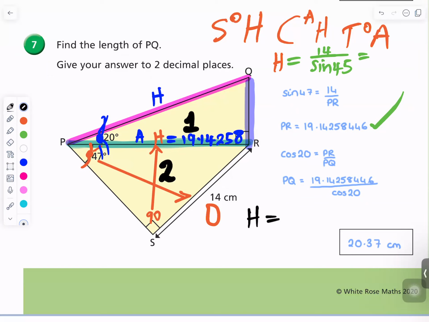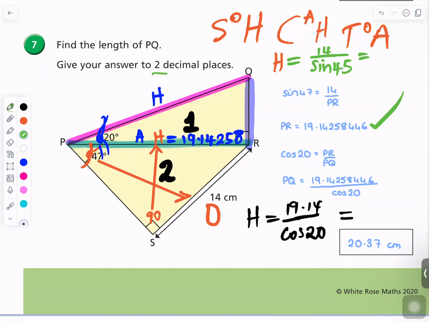Does that make sense? Yeah. Adjacent divided by cos of the angle. Cos of the angle is cos 20. And the adjacent is that long number which you had. So if you put that in your calculator, this one is a question that gives you more marks, 4 marks, 5 marks, because it's in 2 stages. And what does that give you?